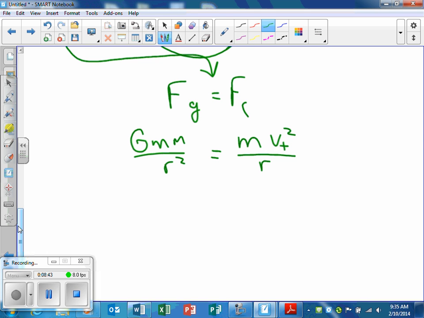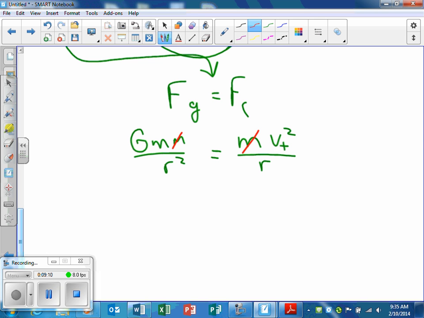So the next question is, how do we go about and change this algebraically or simplify without putting in any numbers? Mickey, can I cancel out an m? Yes, right? But the question is, what m did I cancel out? The mass of the satellite.